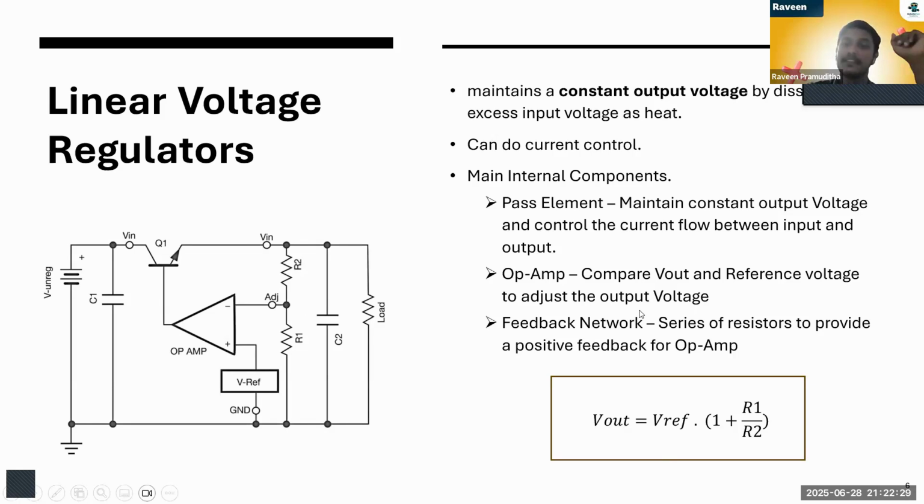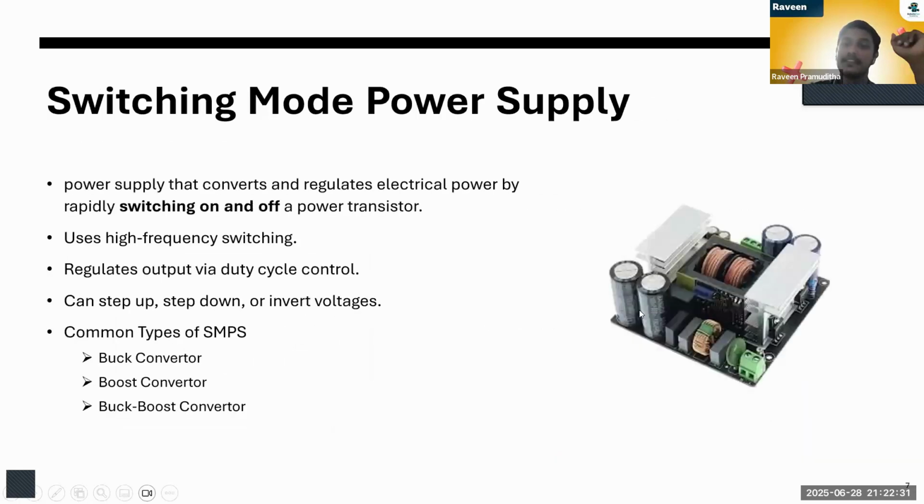Yes. So when I move on to switching mode power supplies, maybe you have not heard about these converters, buck boost converters. We can convert like this using a switching mode power supply. We can use the switching transistor to switch on and off, controlling the input and output voltage by controlling the transistor.